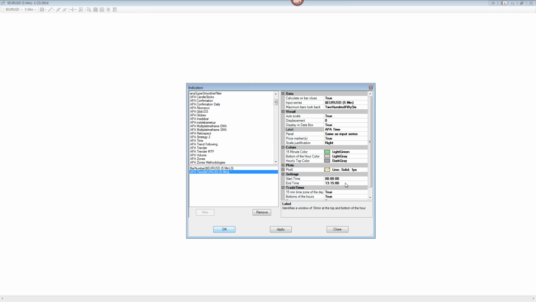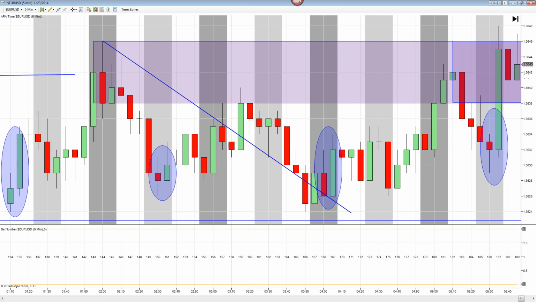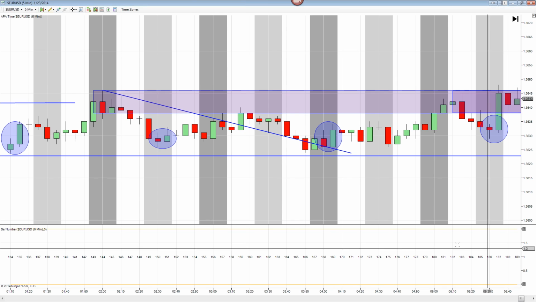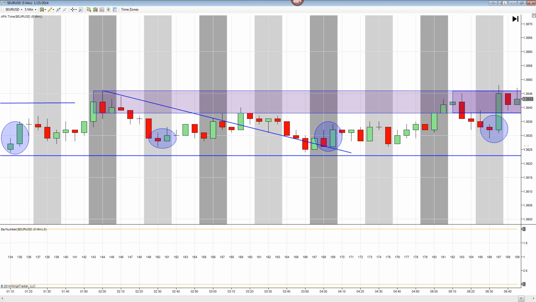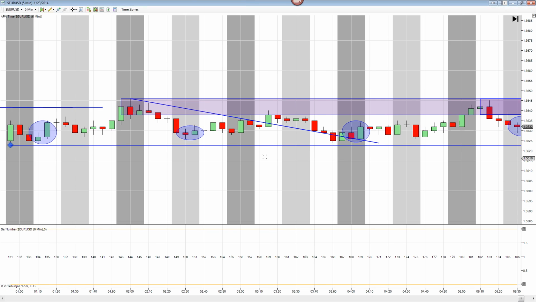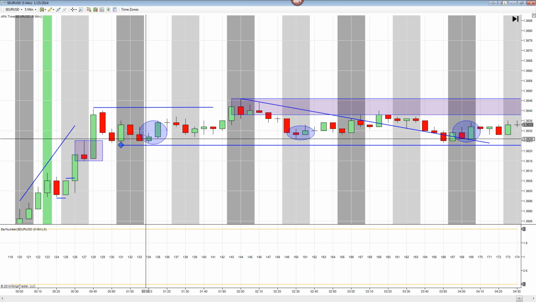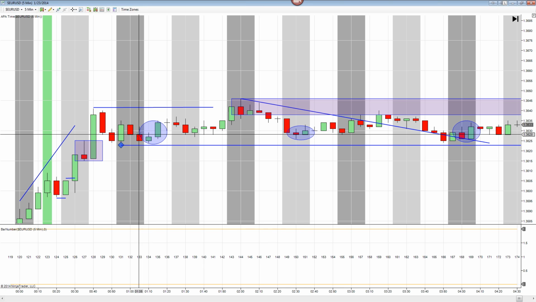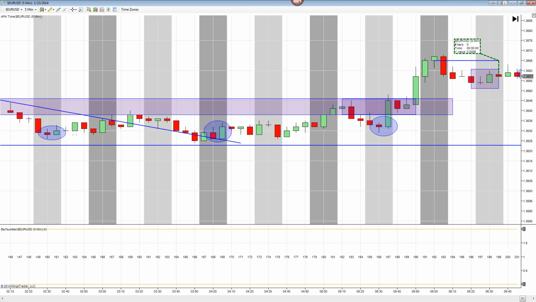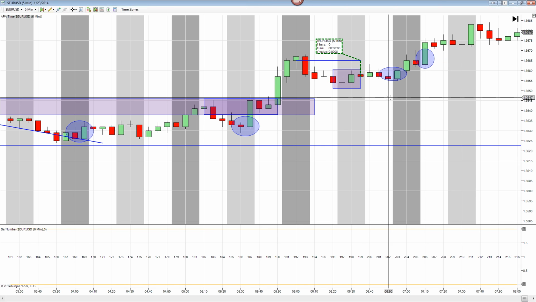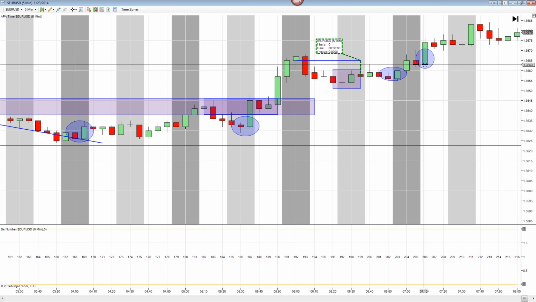So this should be the UK session here. But look at where all those little signals happened. Except for that one, that was a little bit on the edge of that, so I'm not sure that one would actually feel anything there, but boom, boom, boom, boom, boom.